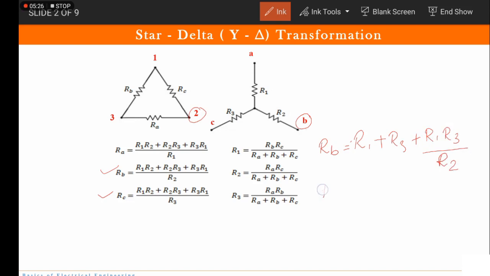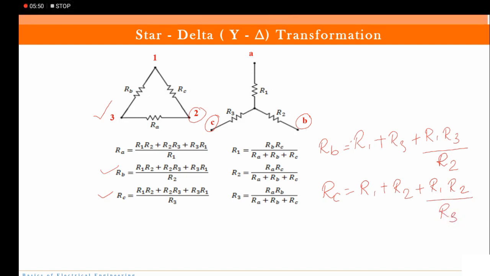Fine. Similarly, I will write RC. Where is point C? Here is point C and here is point 3. Correct? So RC would be R1 plus R2 plus R1 R2 upon R3.